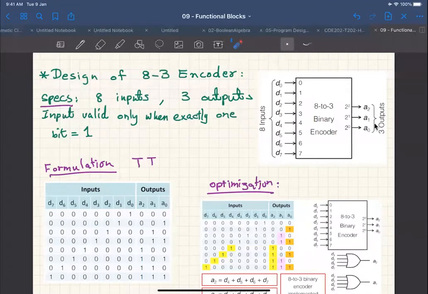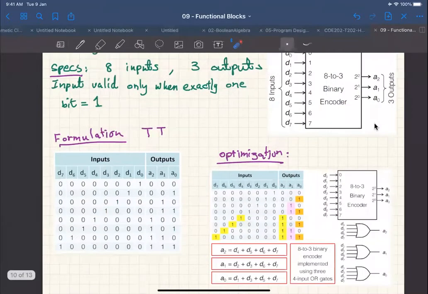But the beauty of the design here is that the input is only valid when we have exactly one bit that is equal to 1. So in this case, we only have 8 rows in the truth table, and they are shown here.